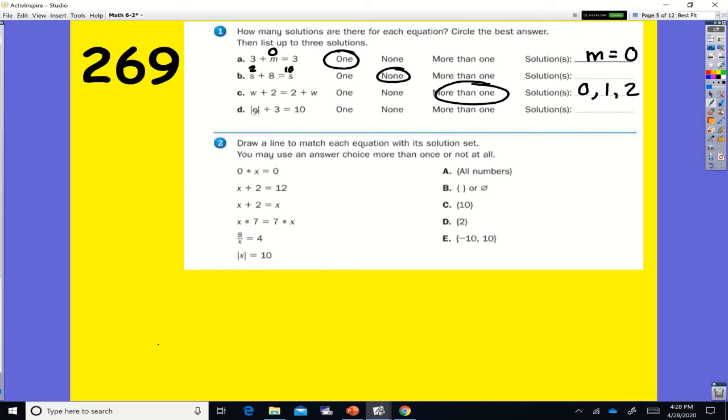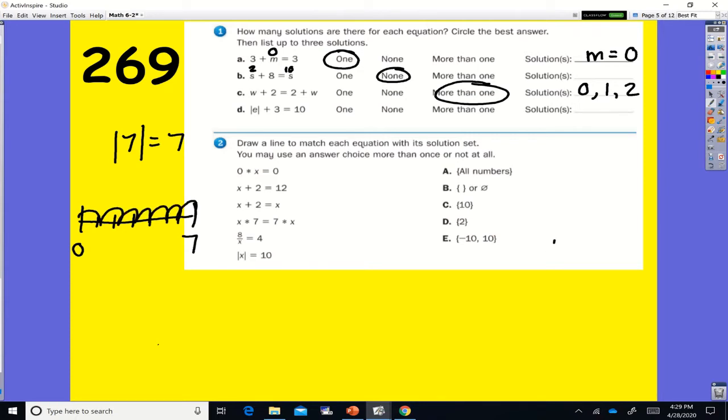Now the absolute value of e plus 3 equals 10. Remember these absolute value bars here, that's how far away something is from 0. So let's say I put 2. 2 plus 3 does not give me 10. But what number could I put in there? Well, I could do 7. The absolute value of 7 equals 7, because remember absolute value is always positive. It's how far away something is on a number line. So if I have 0 here and 7 here, I count 1, 2, 3, 4, 5, 6, 7.